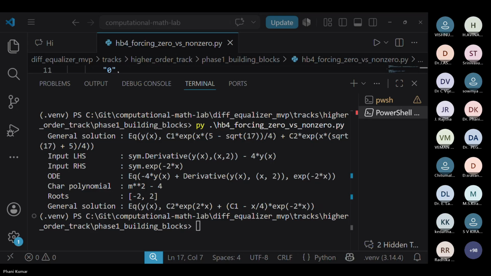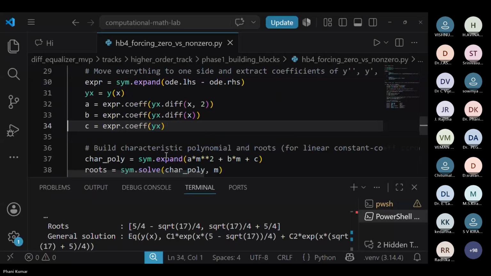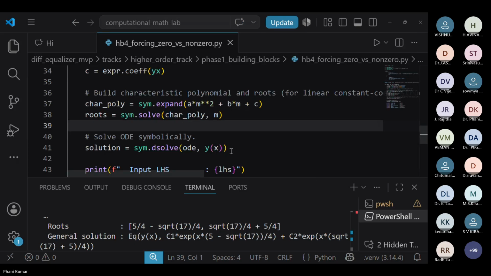Right. So here we are using one method. That method is called here. Solution is equal to sim dot dsolve.